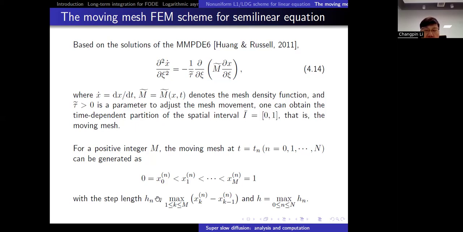The endpoints are unchanged, but the interior nodes at a different time layer are different. This is the basic idea of moving mesh. Okay.